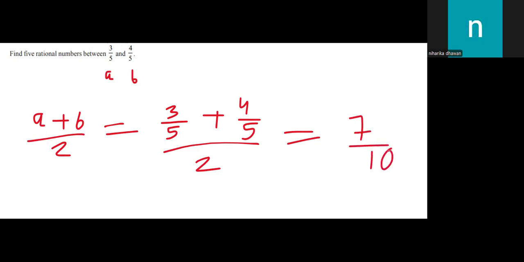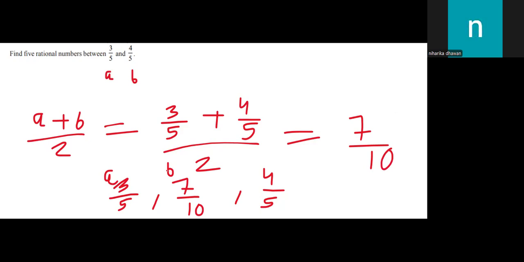So now we have three numbers, 3 by 5, the number between them 7 by 10, then we have 4 by 5. Now we can take a equal to 3 by 5 and b equal to 7 by 10, and we can find the number between them. Similarly, we can find the other rational numbers also between these numbers.